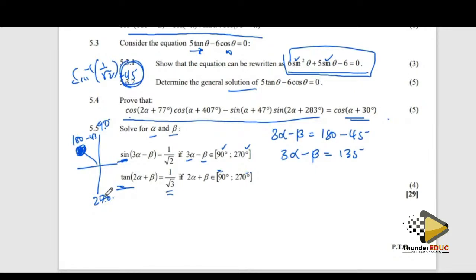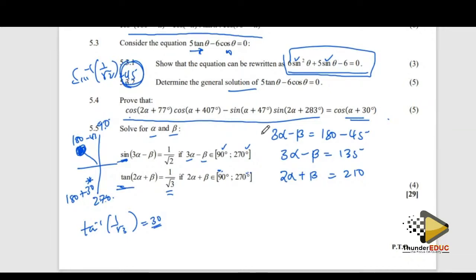Where do we find tan to be positive? It's in the third quadrant, which is 180 plus. So what is the shift tan of 1 over root 3? I'm getting 30. So I say 180 plus 30, which gives me 210. So 2α plus β is equal to 210. Then I can subtract the two.